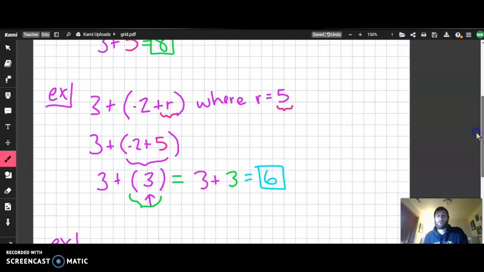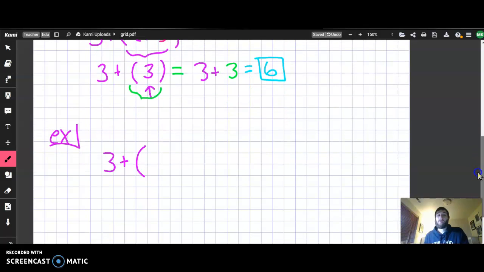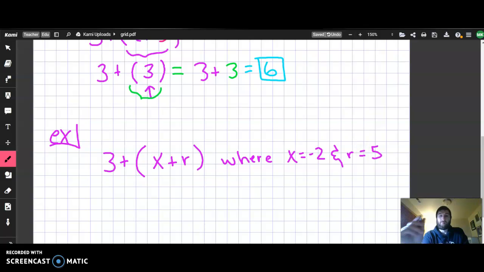Then we went to a set of parentheses, 3 plus parenthesis, negative 2 plus r, end parenthesis. And now, rather than write the negative 2 there, I'm going to put x plus r, where x is equal to negative 2, I know, big shocker, and r is equal to 5.